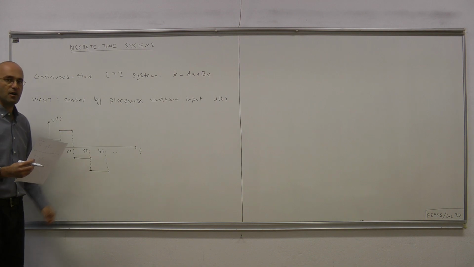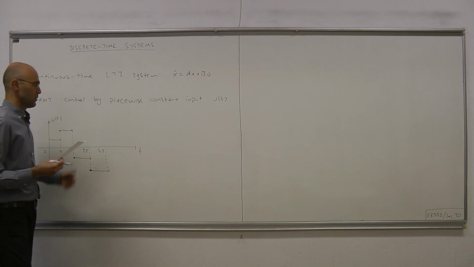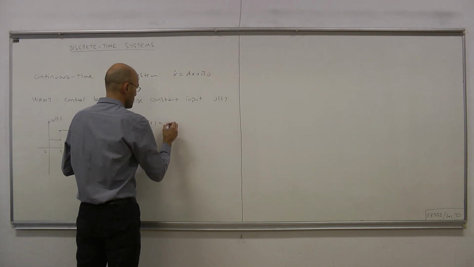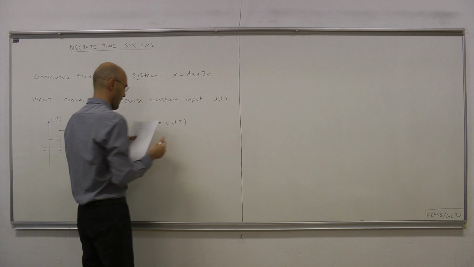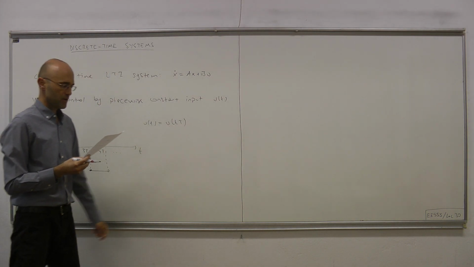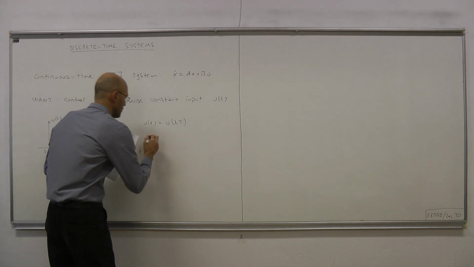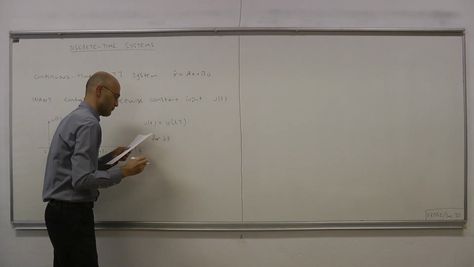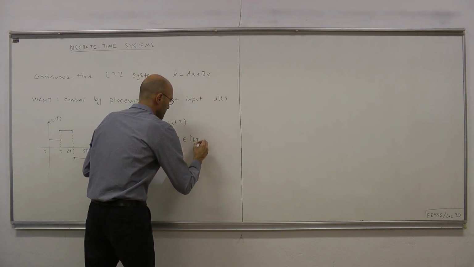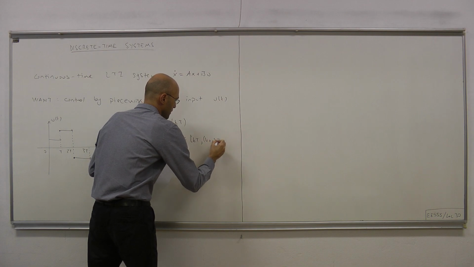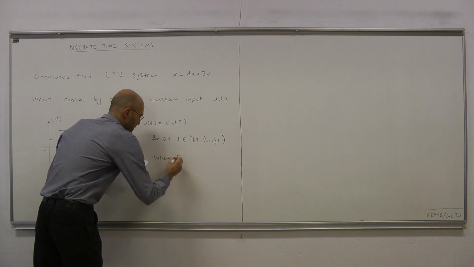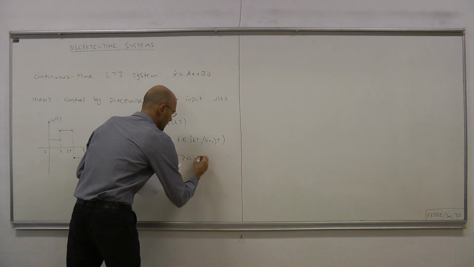So this is our piecewise constant input. So u of t equals u of k, where capital T is fixed, our period, for all t in kT to (k plus 1)T, where T is fixed, capital T.